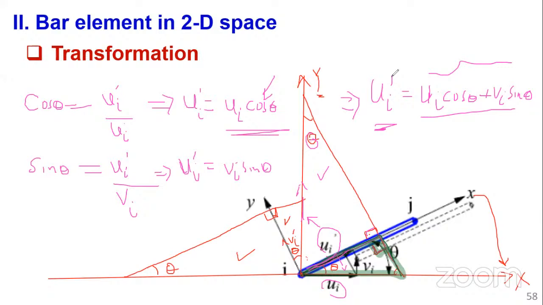And if you do that, you're going to get vi in the local coordinate system, vi prime, will give you a value equal to vi cos theta minus ui sin theta.